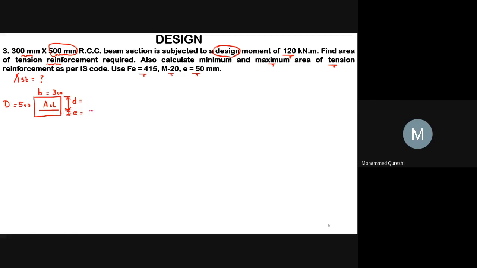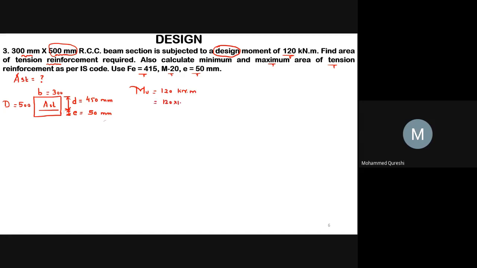So effective cover is given as 50 mm. So small d will be equals to capital D minus small e. So you will get the value of small d as 450 mm.